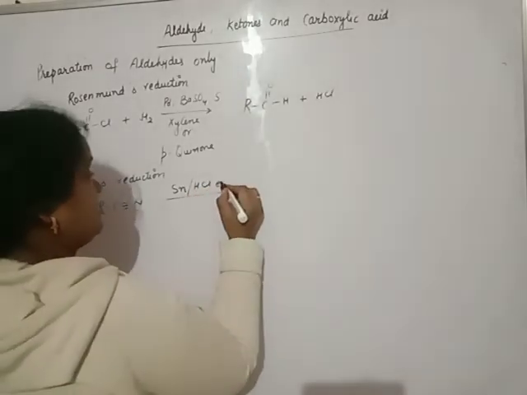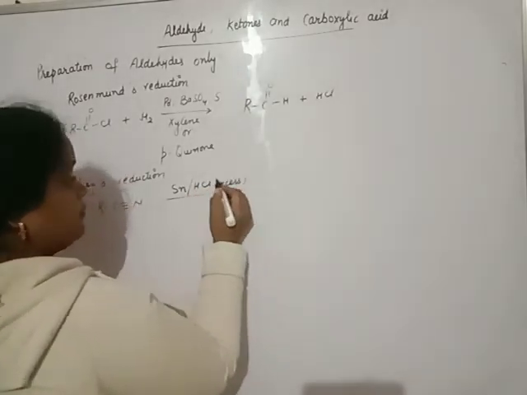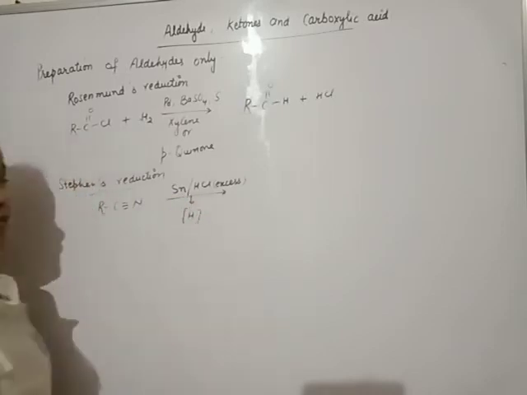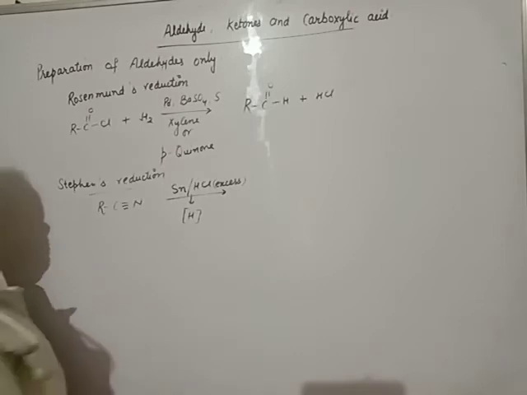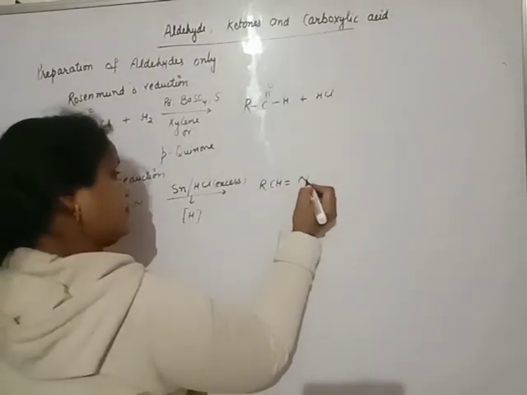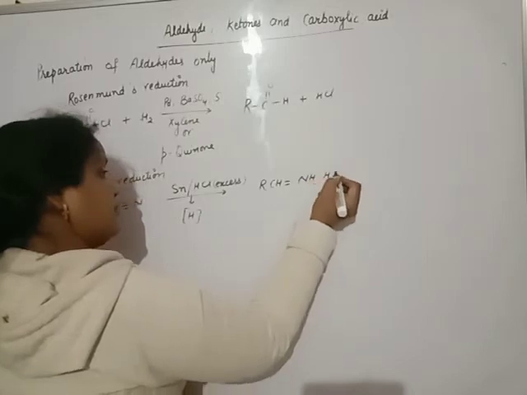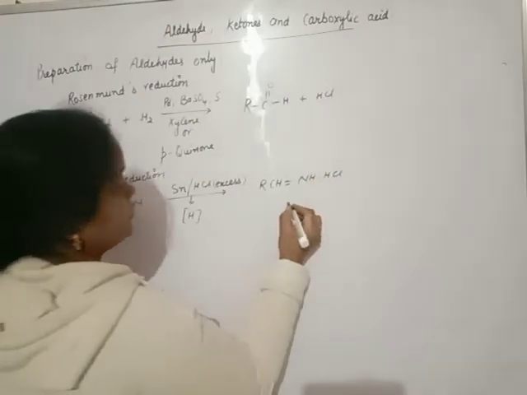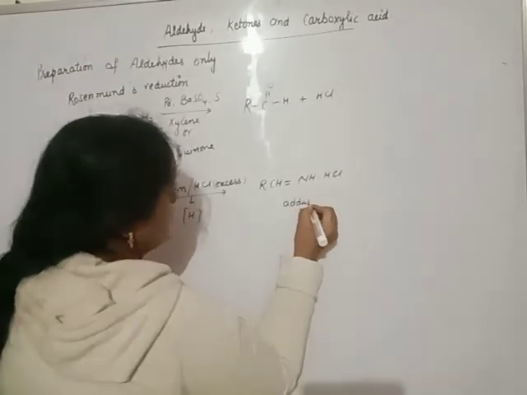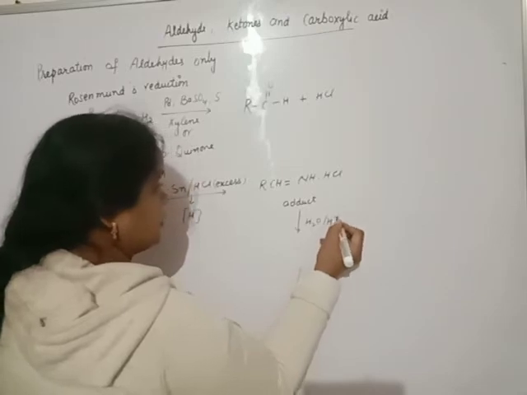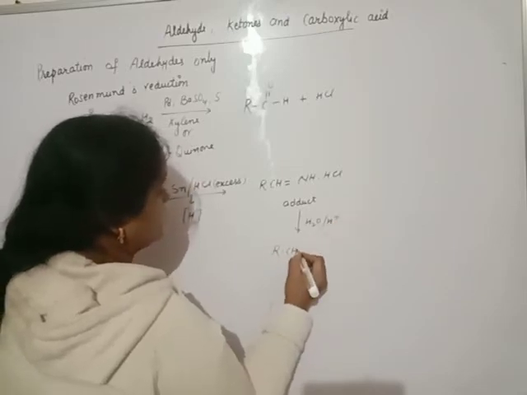Beta, HCl in excess. Function of tin in HCl is to produce nascent hydrogen as much as we require. Beta, it will give addition product. All the substances will add up, that is known as adduct. On hydrolysis, it will give aldehydes.